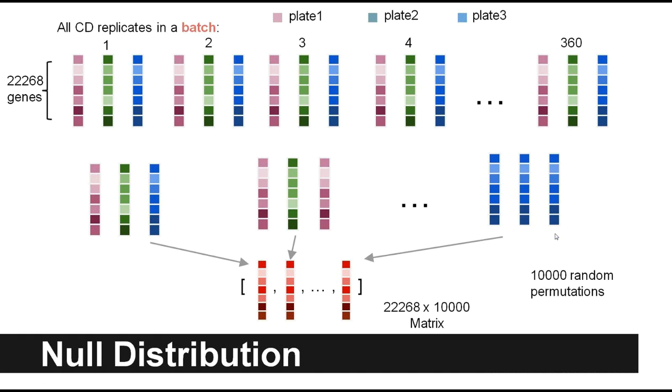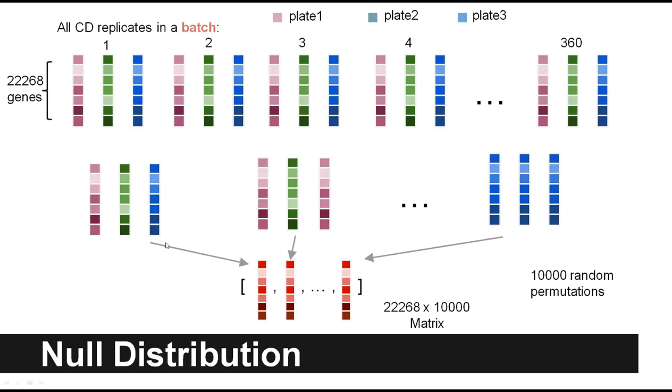To find the cutoff, we still use a similar idea of null distribution. We use all the control replicates of full gene sets of experiments in a bench. We get a pool of control replicates of the full gene set. We randomly draw 3 of them as pseudo experiments.